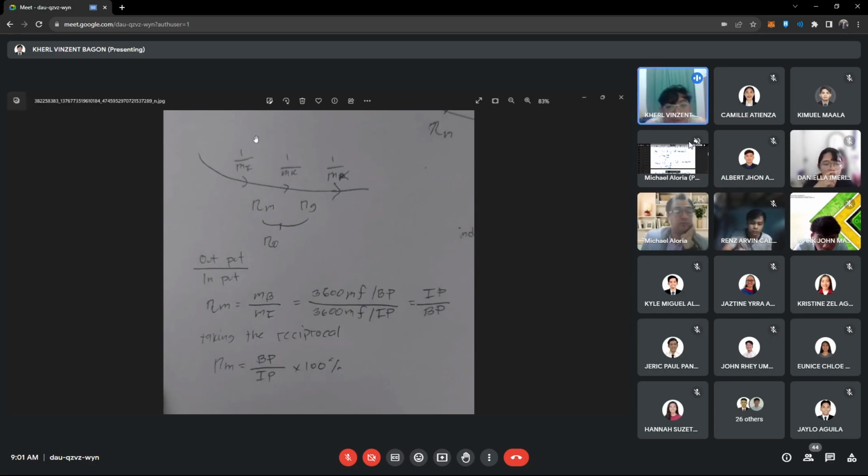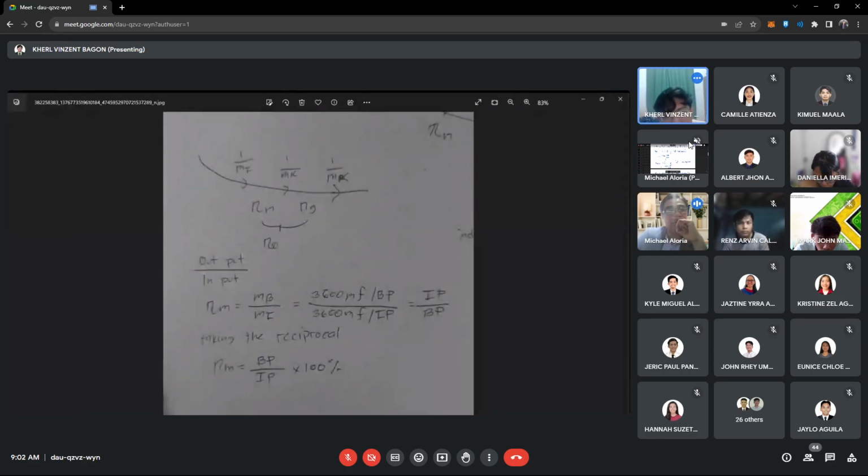Start with 1 over the mass fuel. I am confused with the terms.